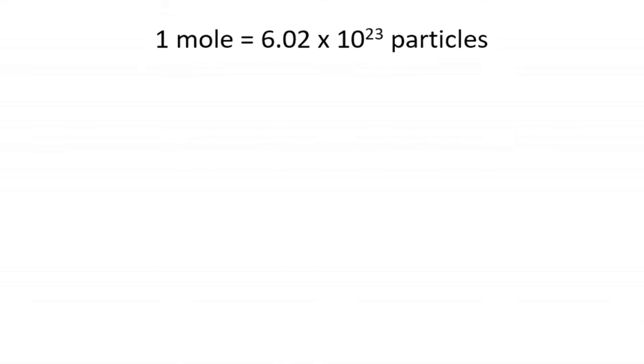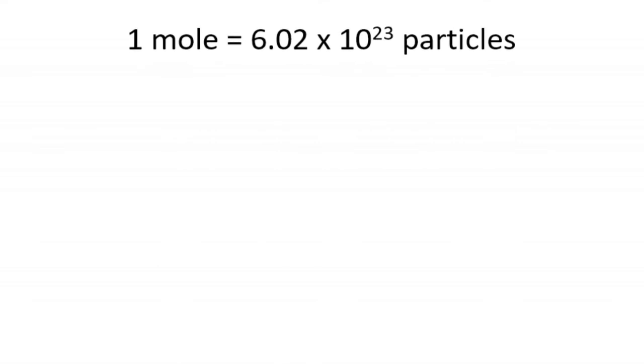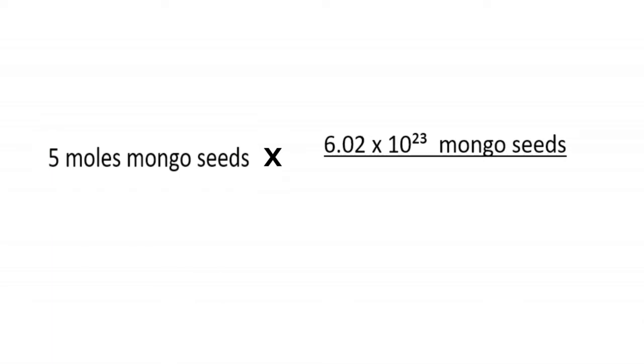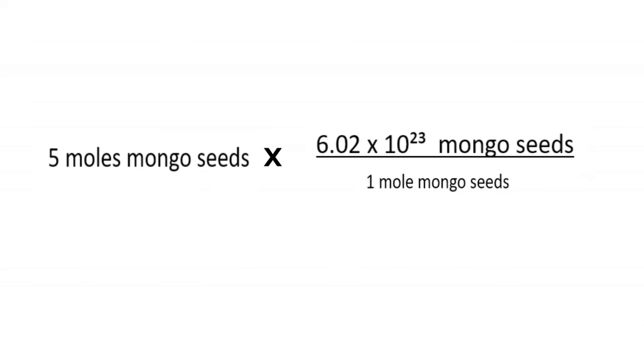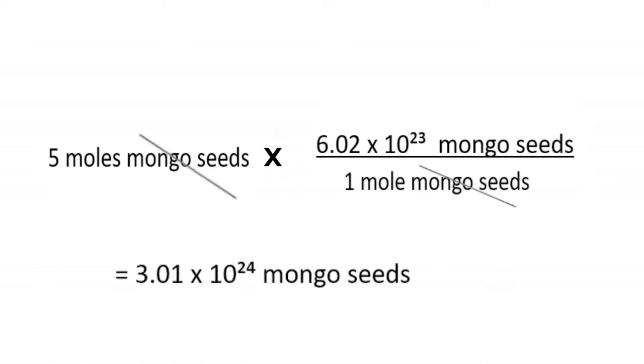Again, to answer this question, we have to consider this: 1 mole is equal to 6.02 times 10 to the power of 23 particles. 5 moles of mango seeds times 6.02 times 10 to the power of 23 mango seeds divided by 1 mole of mango seeds, which is equal to 3.01 times 10 to the power of 24 mango seeds.